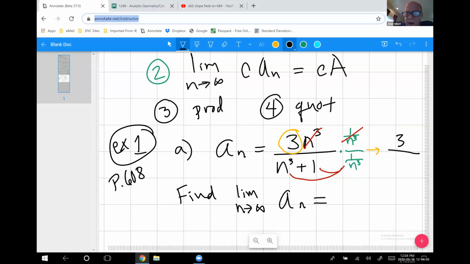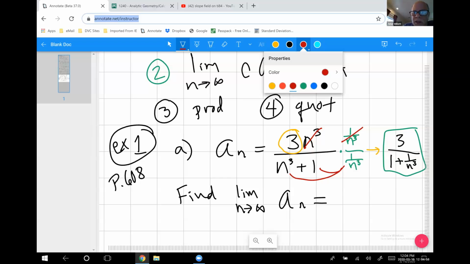And then in the bottom, n cubed times 1 over n cubed is 1. And 1 times 1 over n cubed is 1 over n cubed. So if I multiply, or the way they'll describe it, dividing the top and the bottom of the fraction by n cubed to divide out by the highest power, algebraically, the ratio we started with is equivalent to this thing on the right.